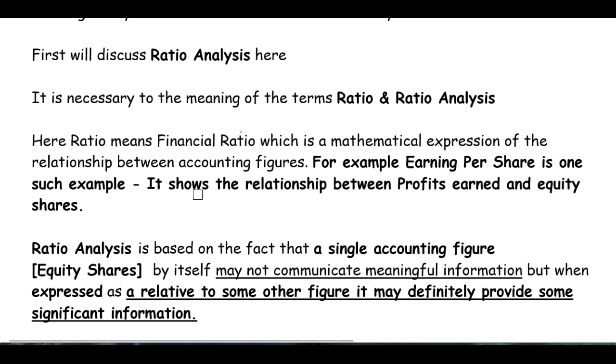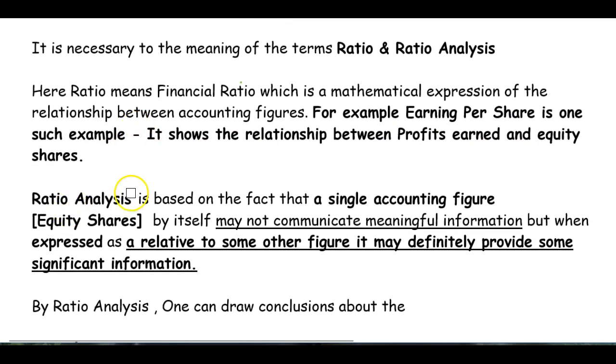It literally means how much profit is earned by an individual equity shareholder. For example, if a company is getting 10 lakhs of profit and it has 10 lakh shares, each individual shareholder will have 1 rupee as profit or earning. So it shows the relationship between profit and equity shares.